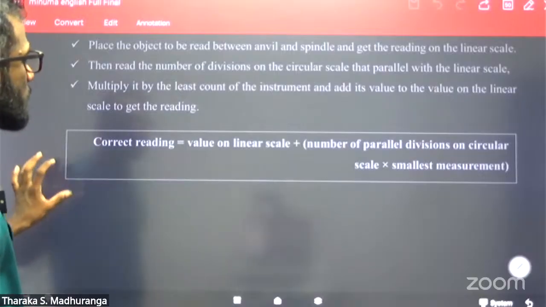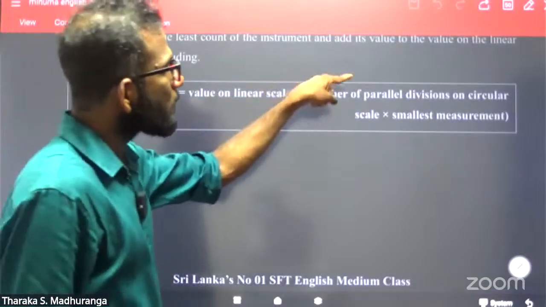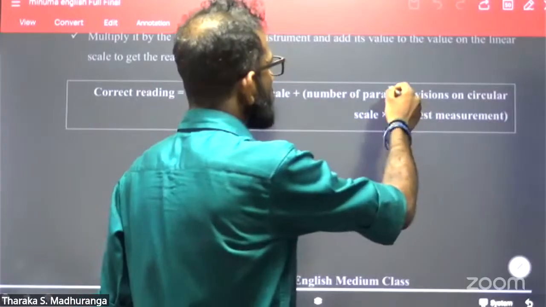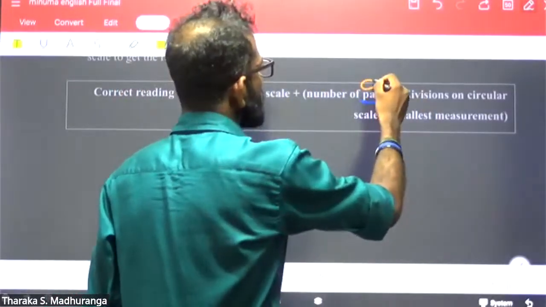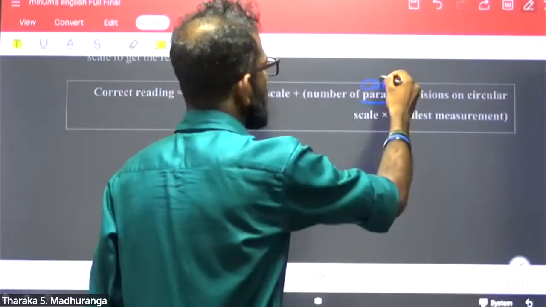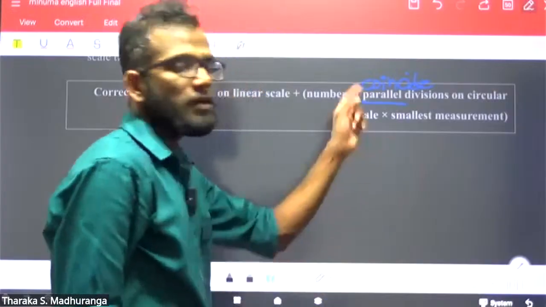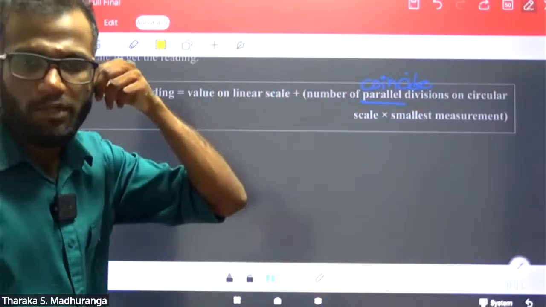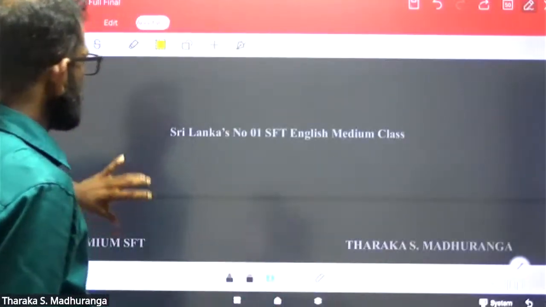It should be coincide part. Please correct this: coincide divisions on the circular scale multiplied by the smallest measurement, meaning the least count.